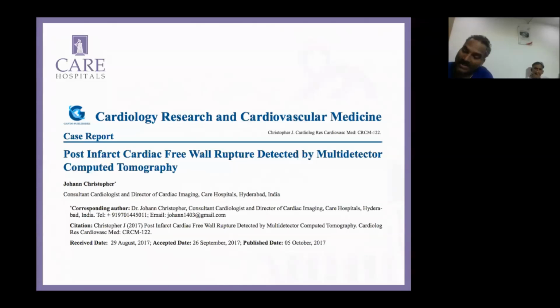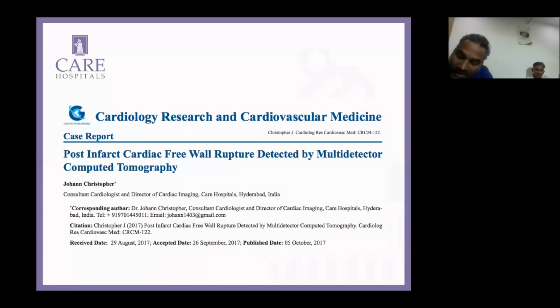But I have a couple of questions, sir. I have one case, probably in the next session I'll put that case. It's a case of acute MI with pericardial effusion on day 1. But I did CT and MRI later on, maybe 3 or 4 days later.